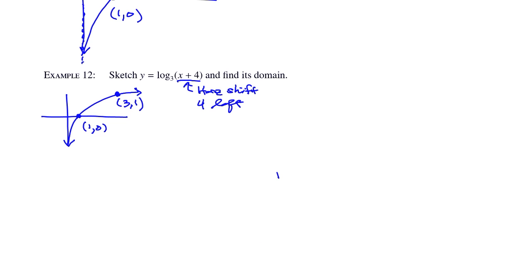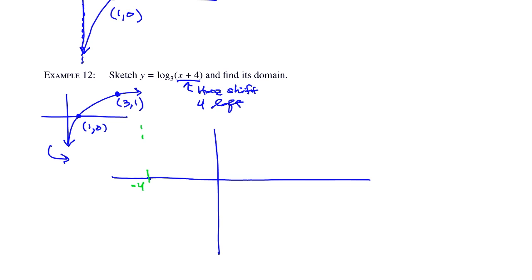Now, we're going to shift it over 4 units to the left. So we're going to start with the vertical asymptote that should be here at the y-axis. We're going to go over 4 units to the left. So there's the new vertical asymptote.